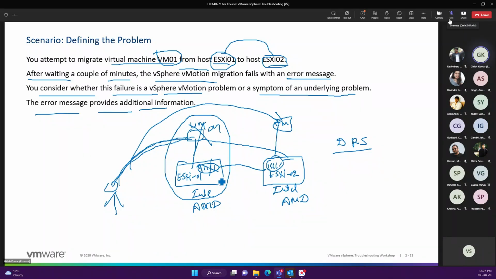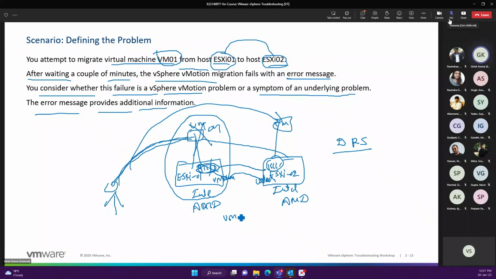Then, the second condition: the vMotion network must be available. It uses the vMotion network to migrate the memory data that belongs to this particular VM. And how can we read the vMotion network?